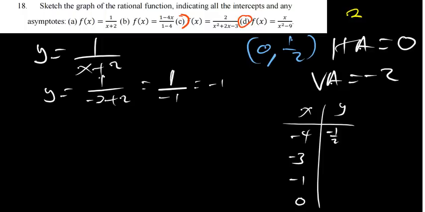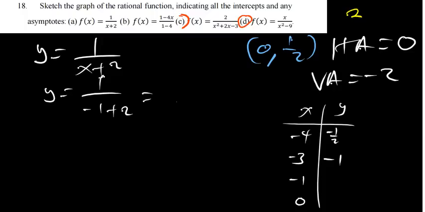If I put -1, where there's x I put -1, it's going to be 1 divided by 1, which is 1. If I put 0, it's going to be half. And you can clearly see that our intercept was at 0, half, and we still have this point.